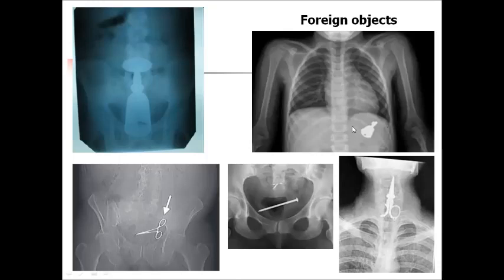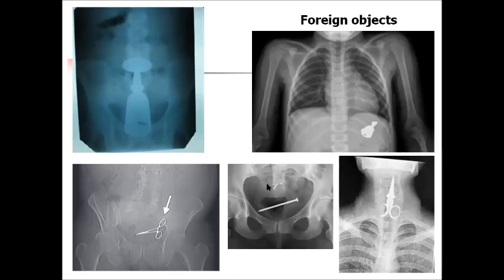For example, if we are confronted with the presence of a key in stomach, we detect the key, but we don't see a shadow of stomach, as well as we don't see shadow of upper part of esophagus with squeezes swallowed by a child.